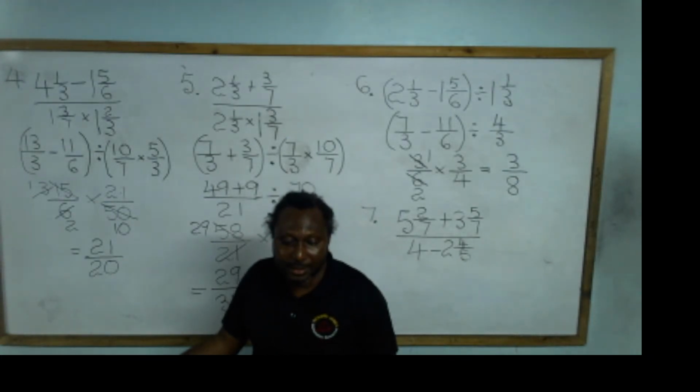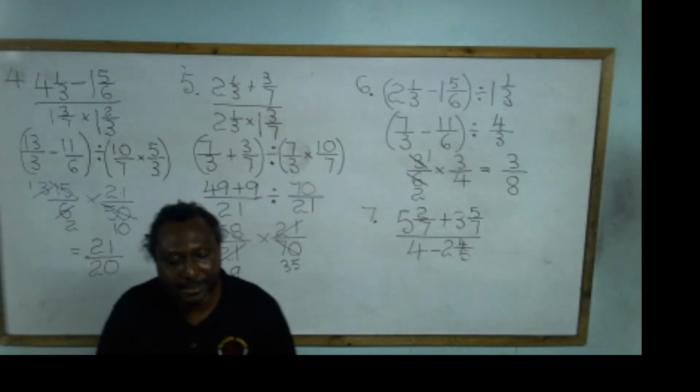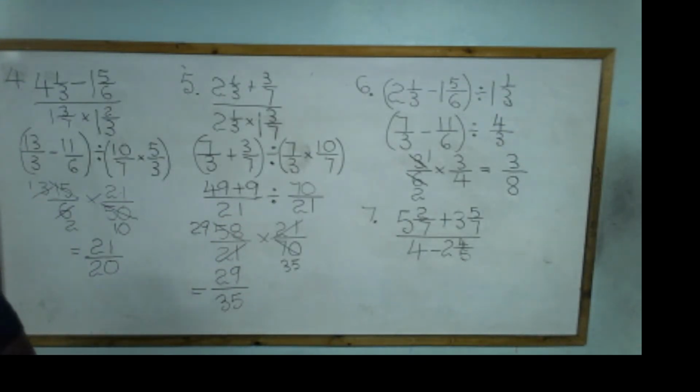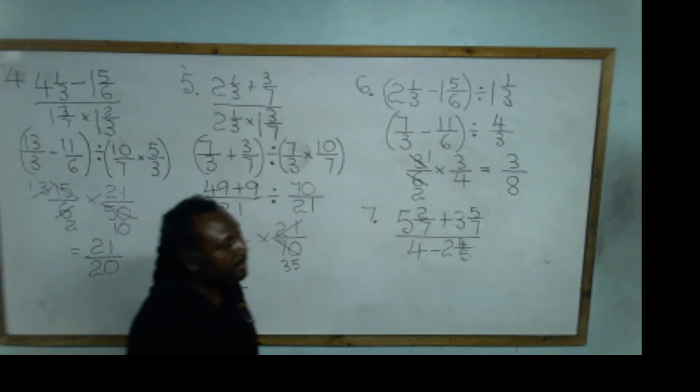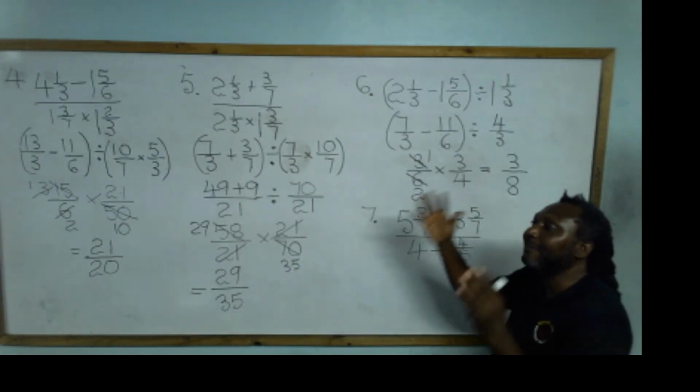It is good that you notice we have a 2 sevenths and we have a 5 sevenths. 2 sevenths and 5 sevenths, that's 7 sevenths.